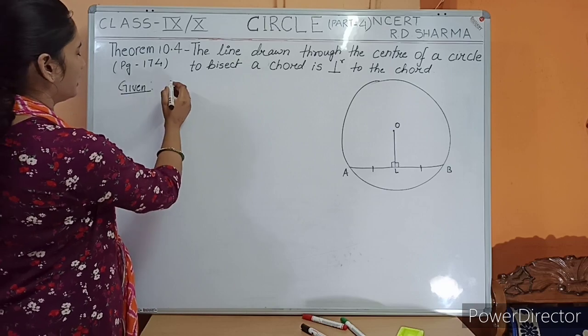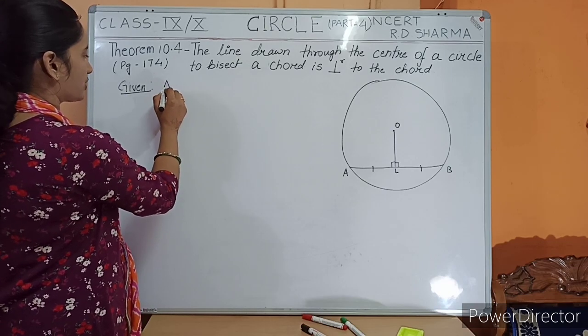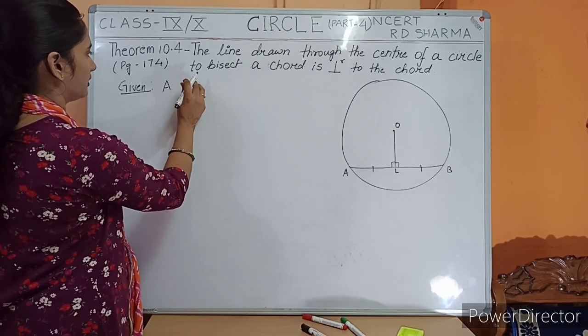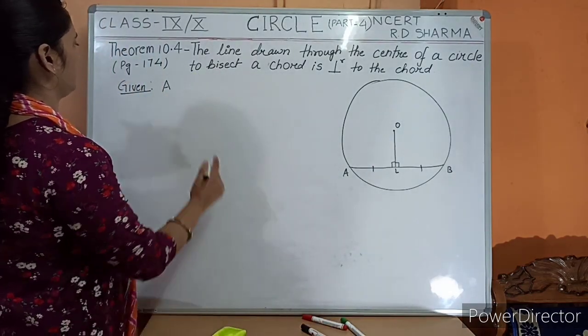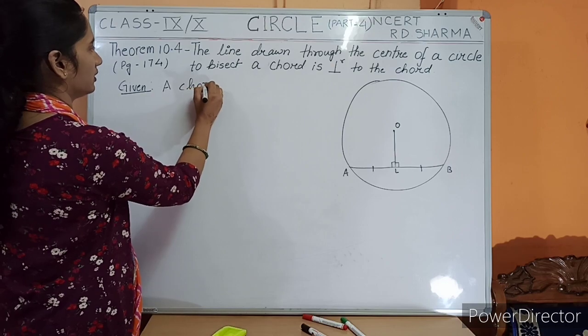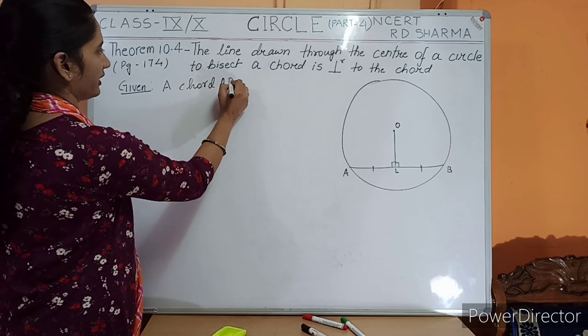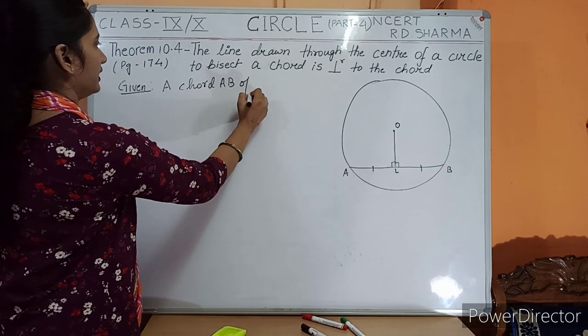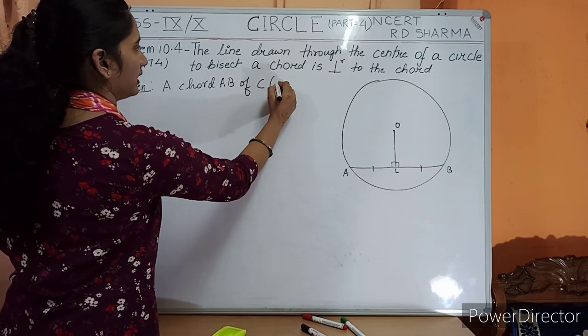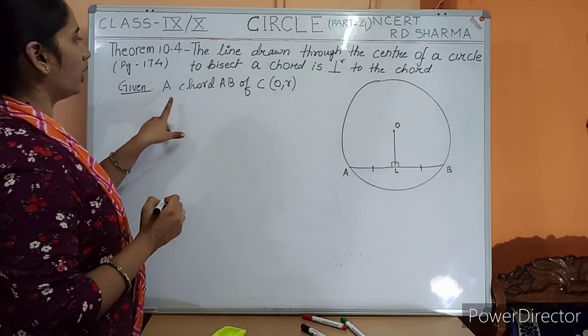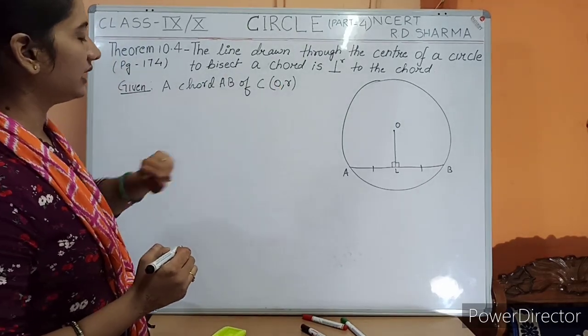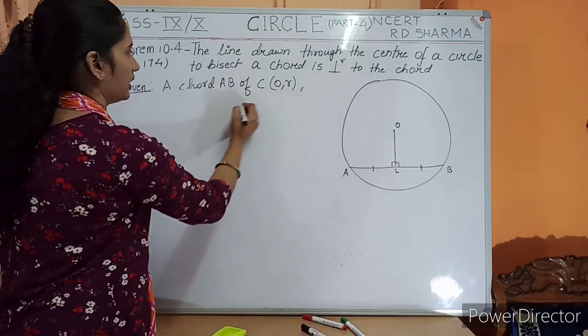In given, chord is given, so we will write chord. A chord AB is given of the circle. Center is O, radius is R. A chord AB of the circle is given to us.